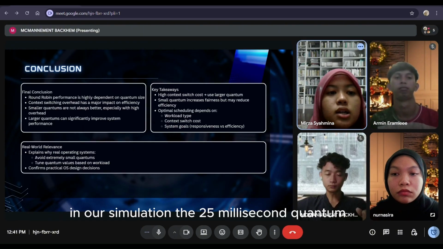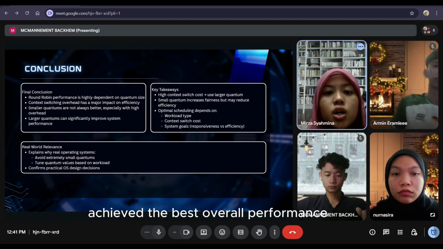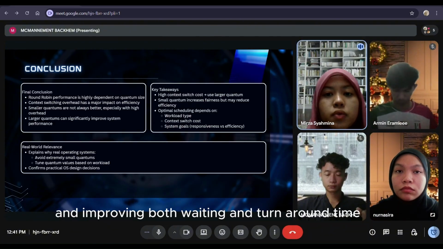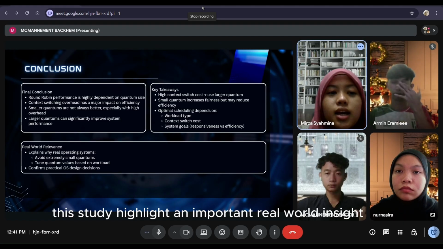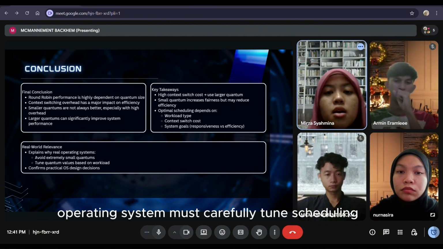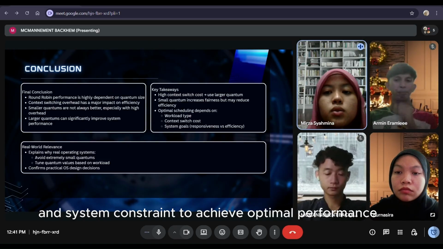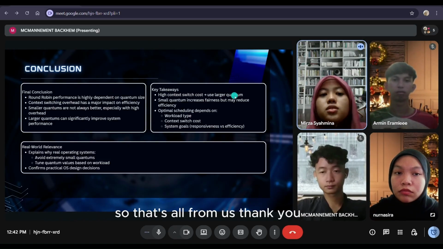In our simulation, the 25 millisecond quantum achieved the best overall performance, reducing overhead and improving both waiting and turnaround time. This study highlights an important real-world insight: operating systems must carefully tune scheduling parameters based on workload characteristics and system constraints to achieve optimal performance.